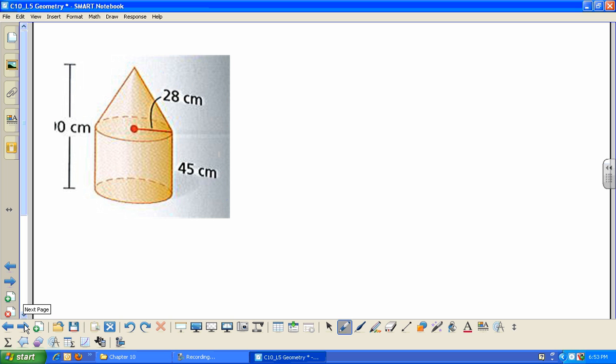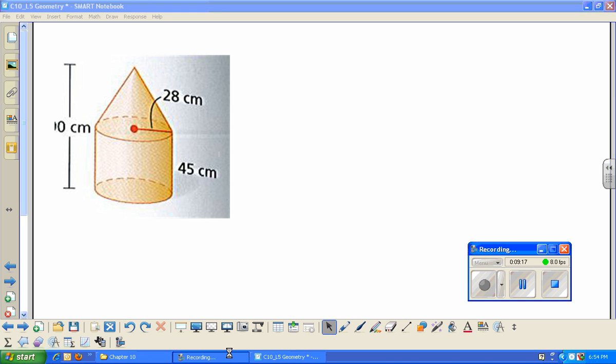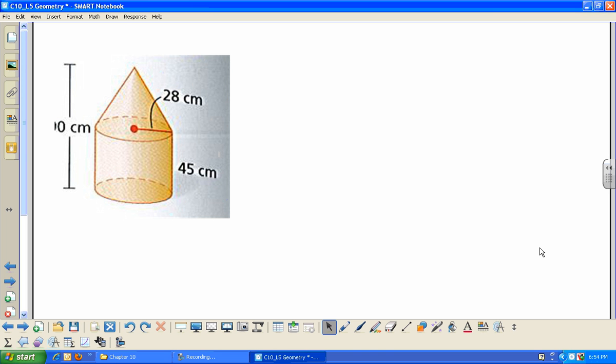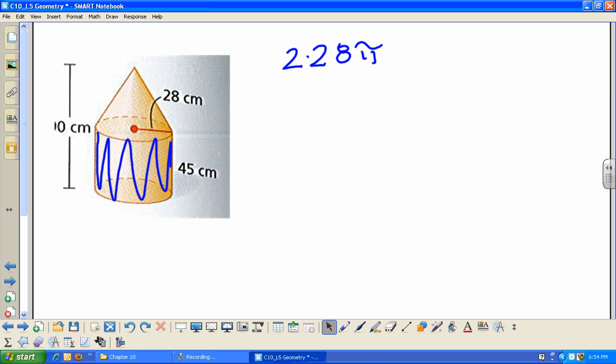Here we have a compound figure. So I have to find the area of the cylinder and the area of the cone. Now when I'm finding the area of the cylinder, first I'm going to find the lateral area right here, which would be the circumference of the circle, which is 2 times the radius times pi, times the height, which is 45.